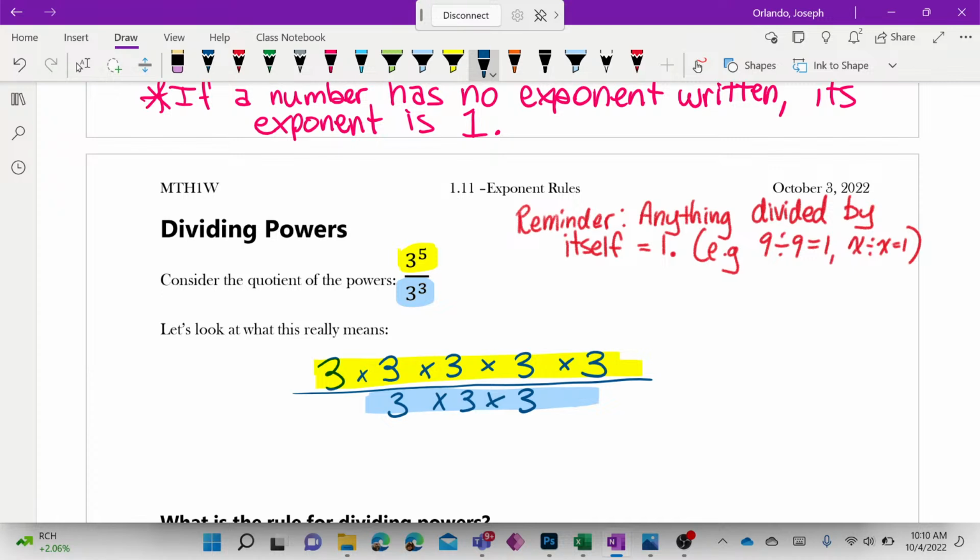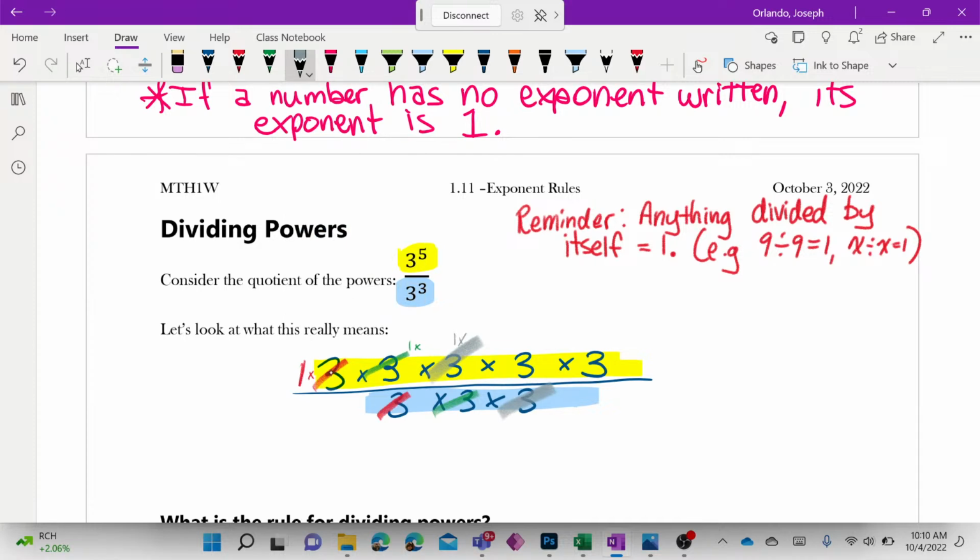So I could say 3 divided by 3 just equals 1 times. Does that make sense? But does multiplying something by 1 change it? No. So it's almost like those just disappear. And then I could do 3 divided by 3, but what does that equal? 1. And then 3 divided by 3, and what does that equal? 1.